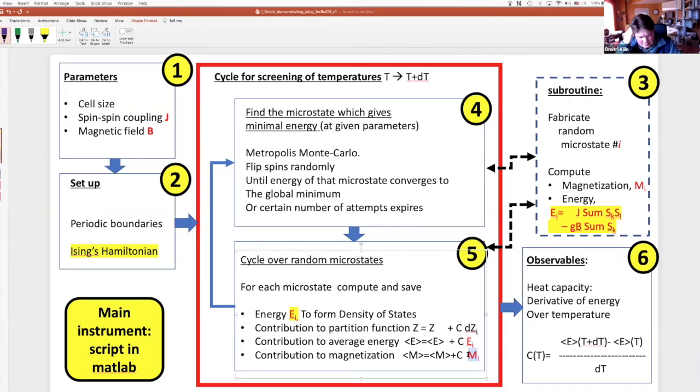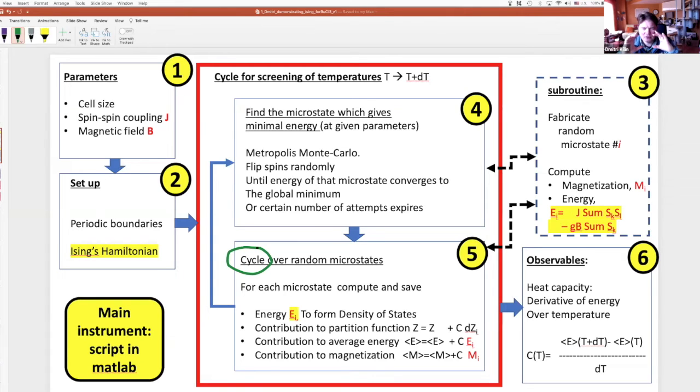How many steps are done inside this cycle over random microstates? The number of iterations in this cycle technically can be made equal to or bigger than the total number of microstates if our simulation cell is small enough.